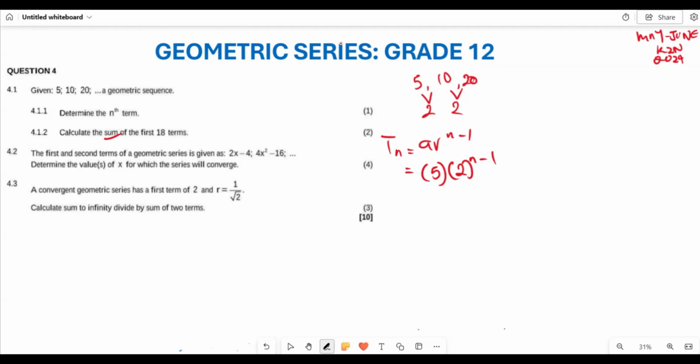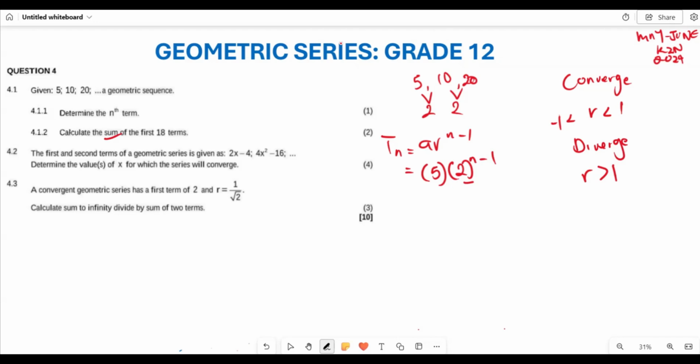And remember, when the series converges, this is where the value of your R is between -1 and 1. And when your series diverges, this is when your R is greater than 1. Which means in this case, looking at the value of our R is 2, we are going to use the divergent formula, right?